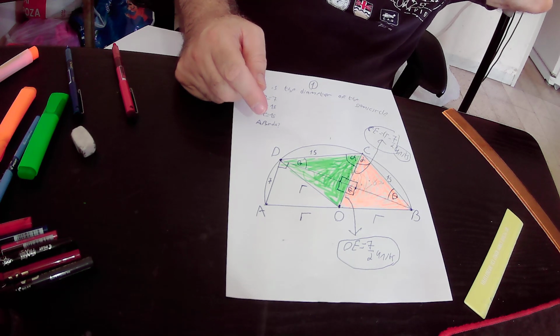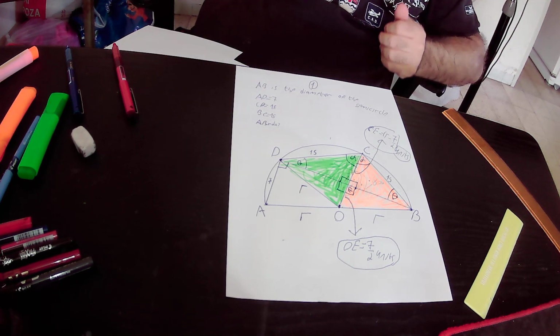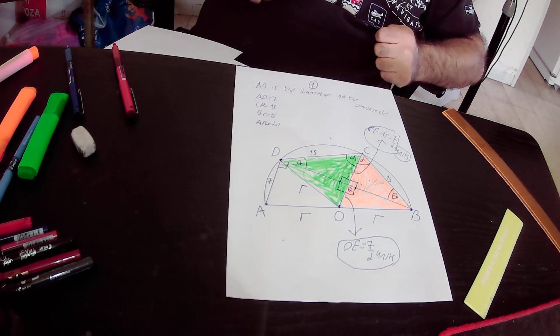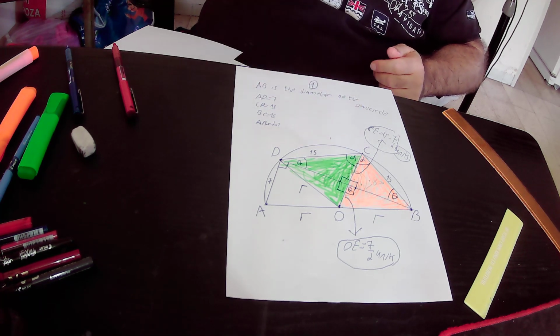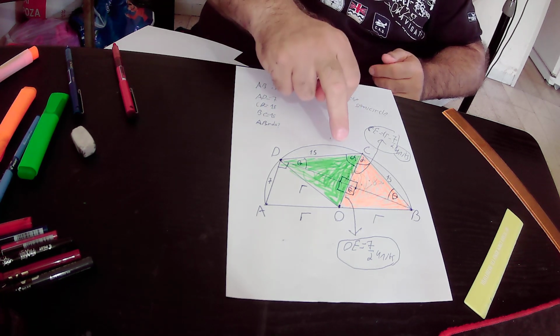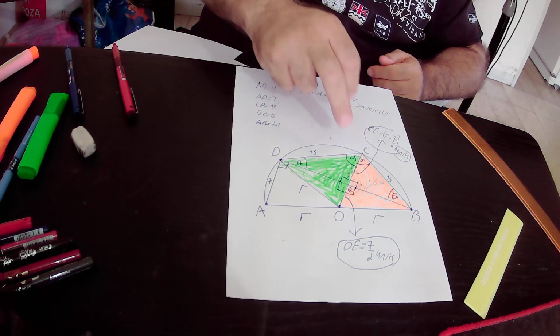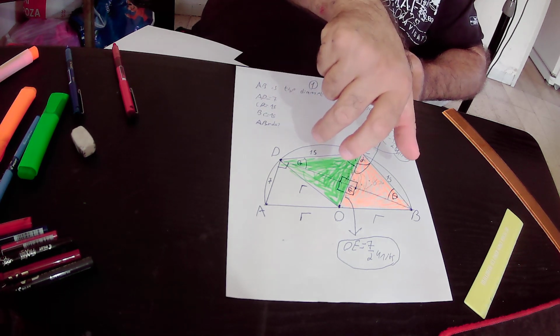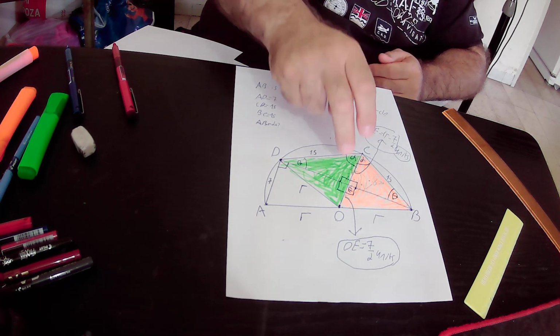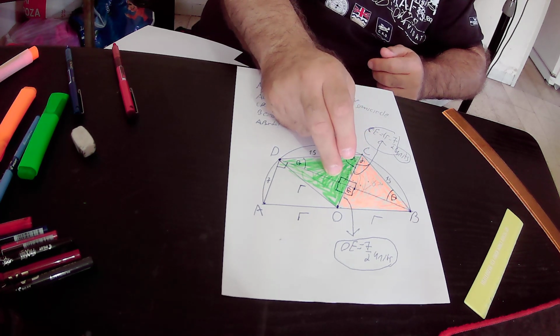And we know that along a straight line, if we focus on a certain point, that is to say point E, and the upper side of that straight line DB, the sum of the angles will be equal to 180 degrees.